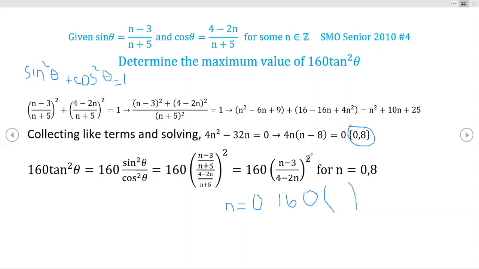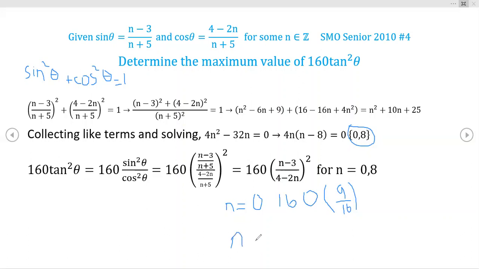If you square 3, you get 9. And down here, if you put 0 here, you get 4. If you square 4, you get 16. So this would be 160 times 9 over 16. Now you're starting to see why they put the 160 in front. It's clever problem designers.